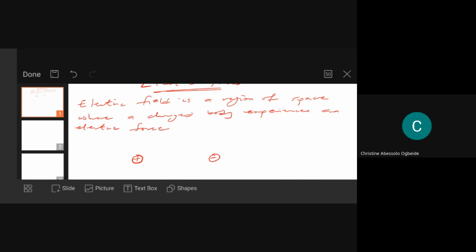So I have two charges right here. Now, usually, these two charges will create an electric field. And the direction of this electric field is such that it emanates from the positive charge and enters the negative charge. It moves off from the positive charge, enters the negative charge, from positive to negative. So let me put the direction.